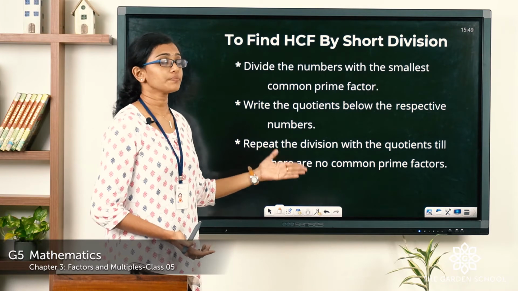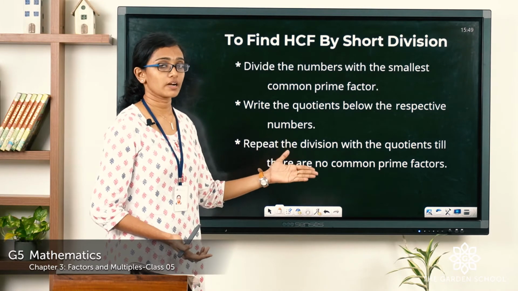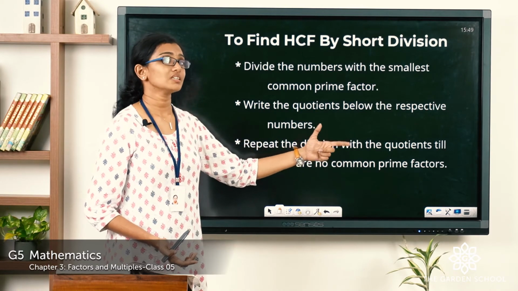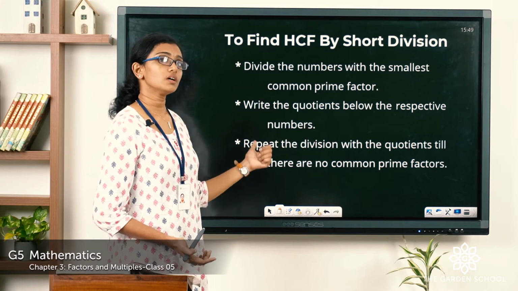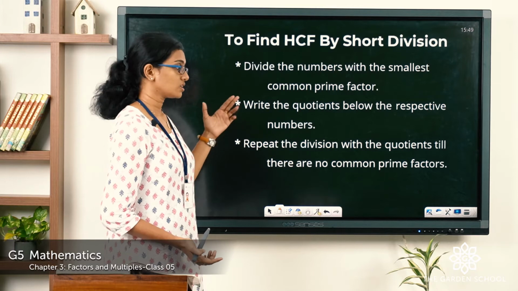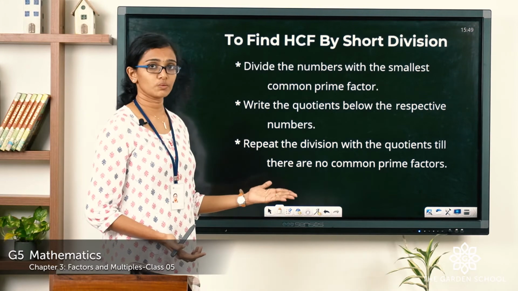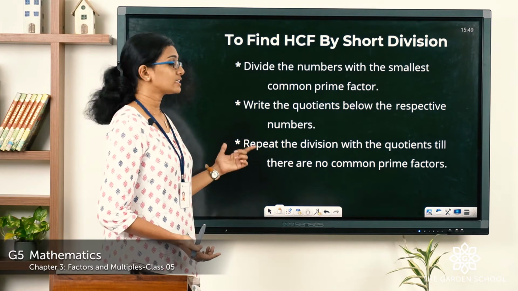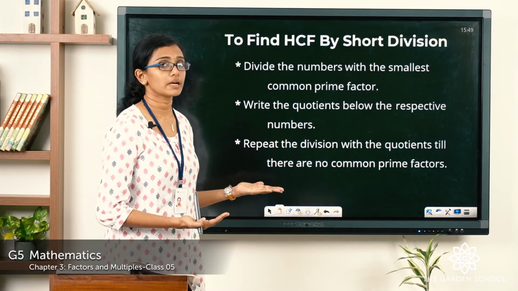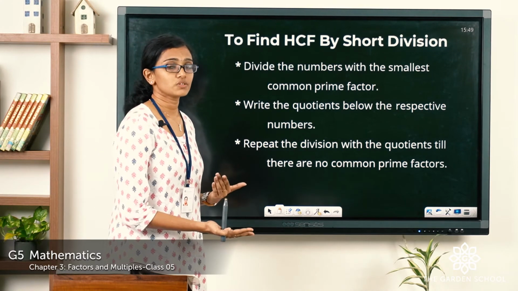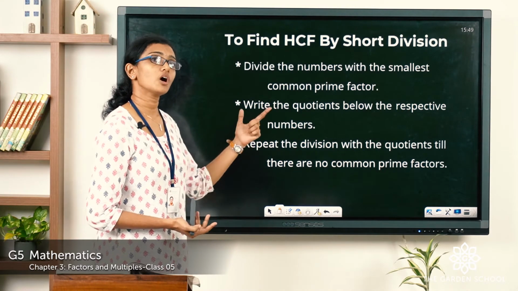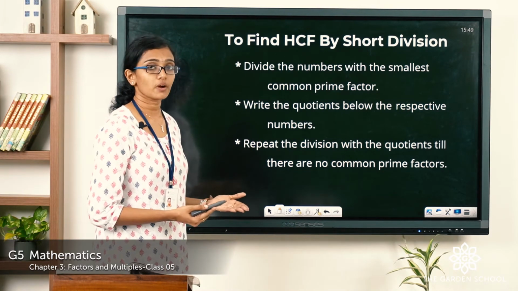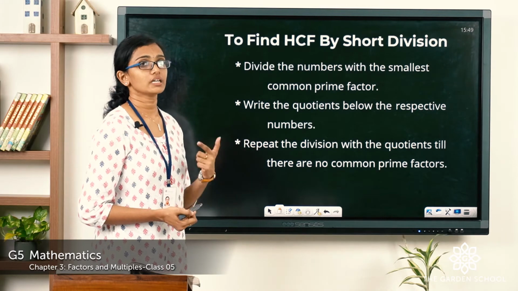Then again you find a common prime factor for the quotients just obtained, then divide those quotients with that common prime factor. You repeat the process, you continue the division until there are no more common prime factors to proceed with the division further. Once you are done with the division, what do you do? You take all the common prime factors, you find the product, and that product will be the HCF.